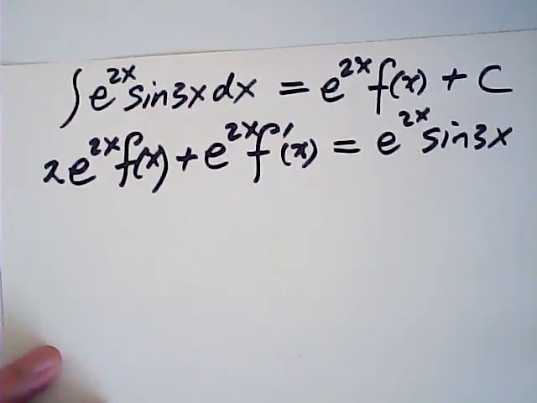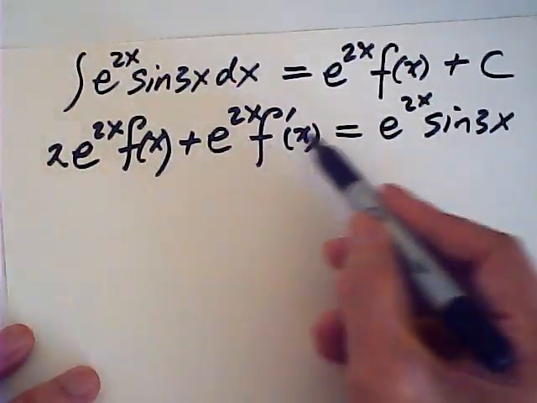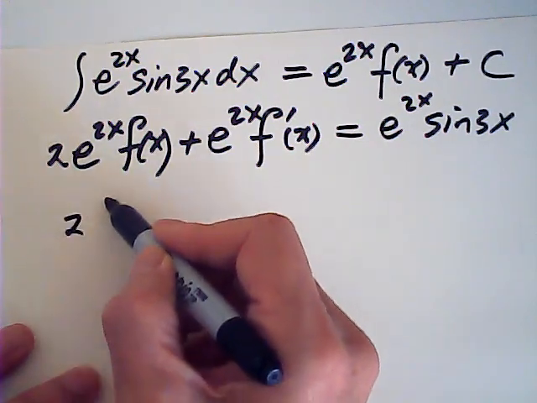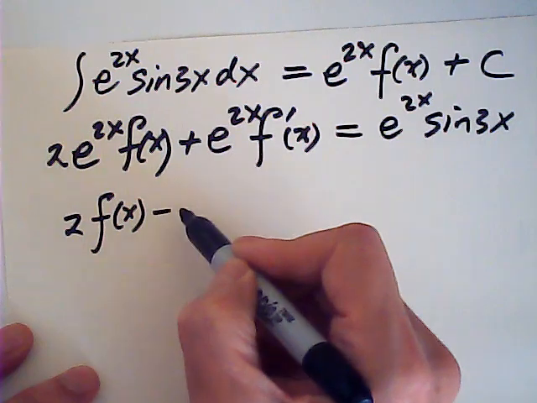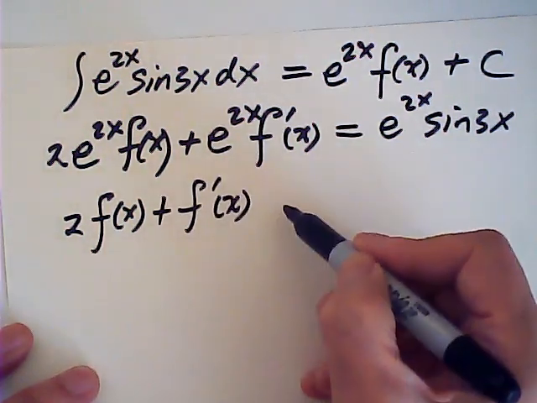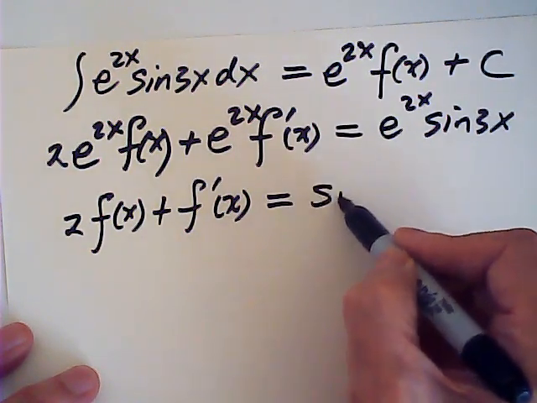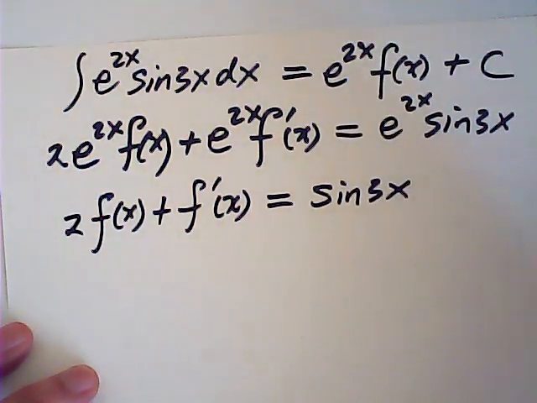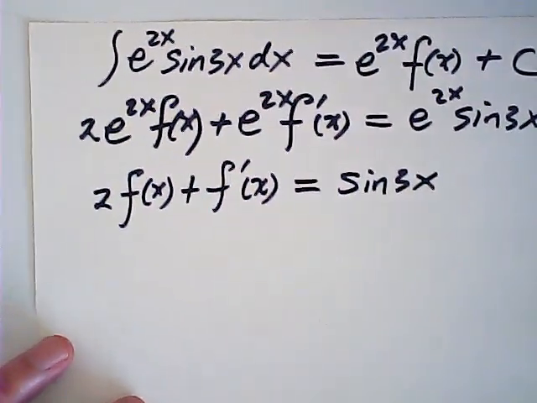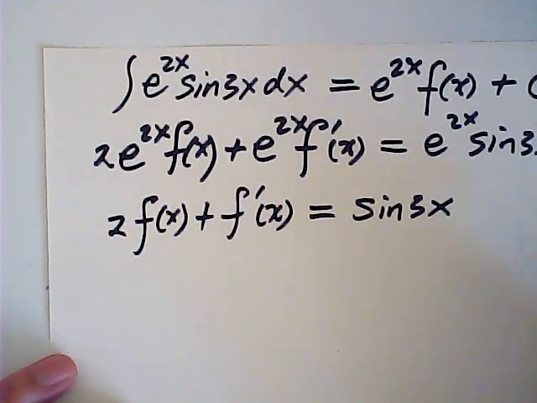Good. Then we cancel that exponential, we get 2f of x plus f prime of x is equal to sine 3x. So we get a first order differential equation.